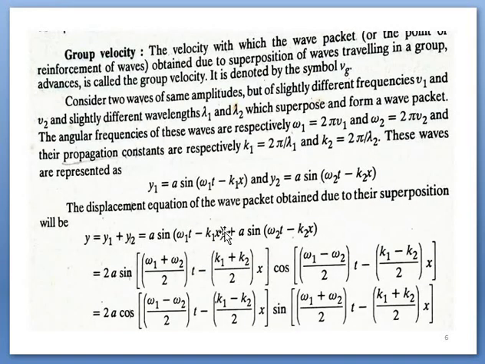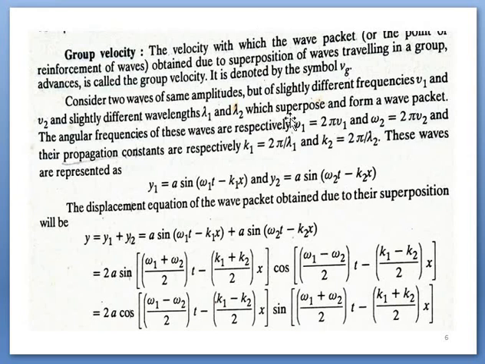So next, to derive the group velocity, we have discussed that the velocity of a wave packet is called group velocity, and the wave packet is obtained by the superposition of many waves. So here we considered two waves.